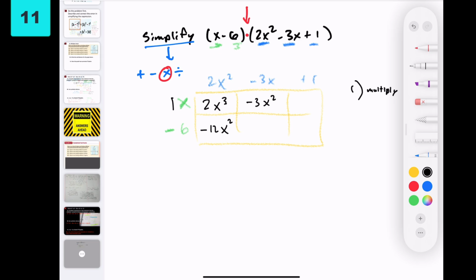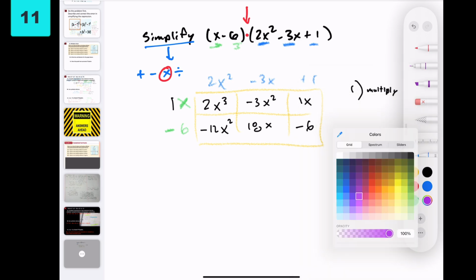Negative 6 times negative 3 is 18. And then there's no x's, so it's x. That was a common mistake right there. A lot of students were doing negative times a negative is a negative. Use your calculator, please. 1 times 1 is 1, so you just have 1x. And then negative 6 times 1 is negative 6.